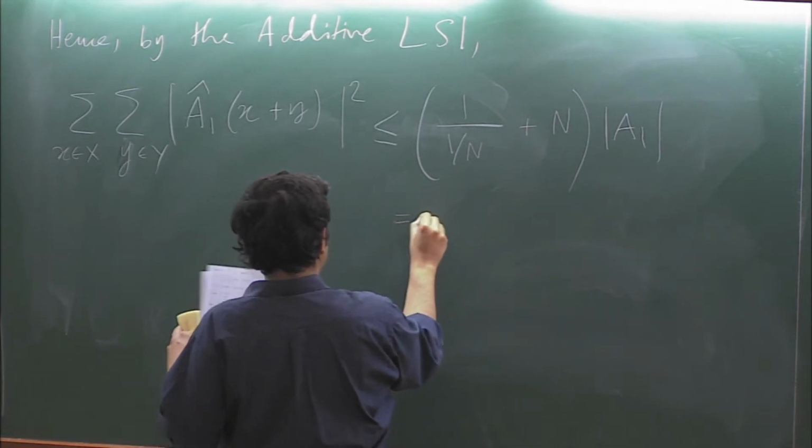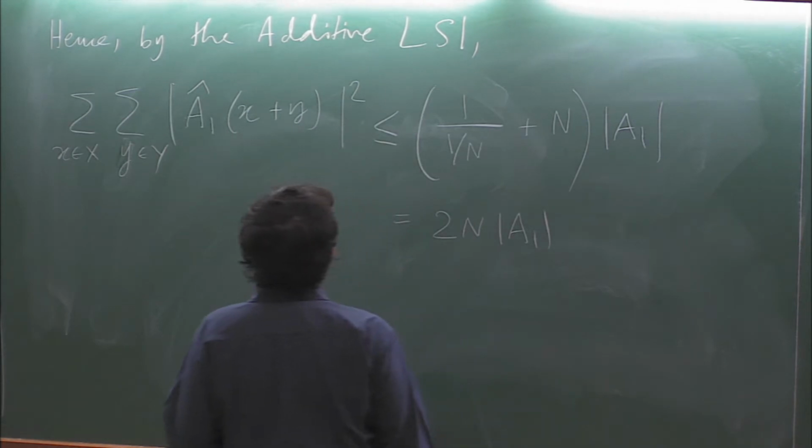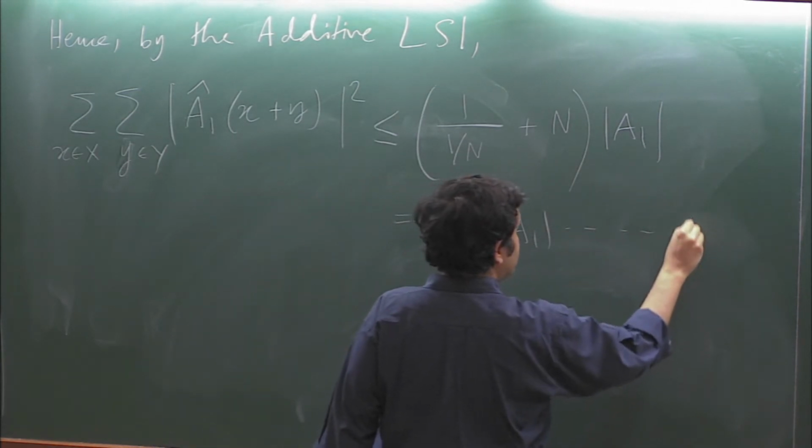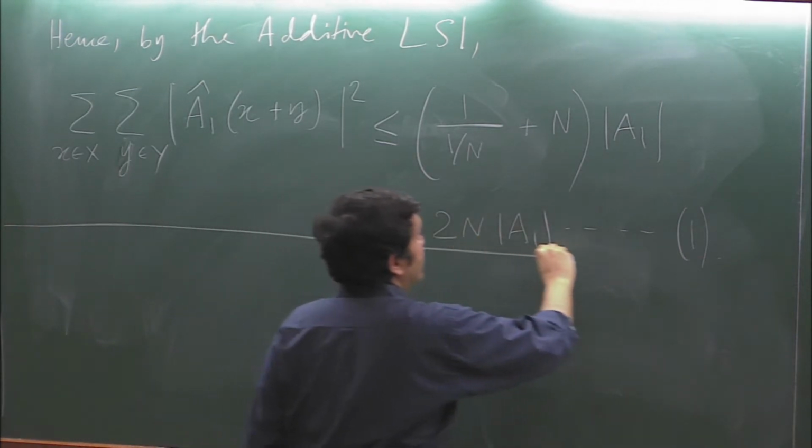So this is 2n times a1, and I will call this inequality equation 1. I will need it later, so I cannot erase this.